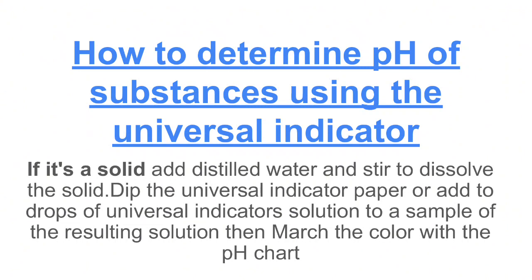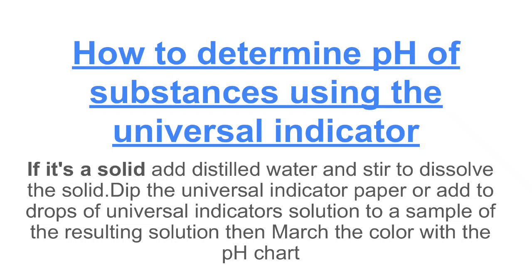And the resulting solution, then match the color with the pH chart. So if a substance is a solid, you must first dissolve it in water. Then the universal indicator also occurs in two forms, in form of a paper and in form of a solution. So if it's a paper, you just cut a little piece and throw it inside the solution and check the color of the paper against a pH chart.